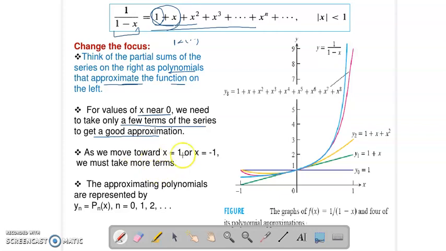But for the values near the center, so this is a power series in 0, right? 0 is the center. So near the center, you see that only a few terms will give you a good approximation. But as you move toward x equal to 1 or x equal to minus 1, we should take more number of terms. The approximating polynomials, we are representing them as yn, which is equal to pn of x, where n is the degree of the polynomial, right? So we have y0, y1, y2, we keep on going like this.